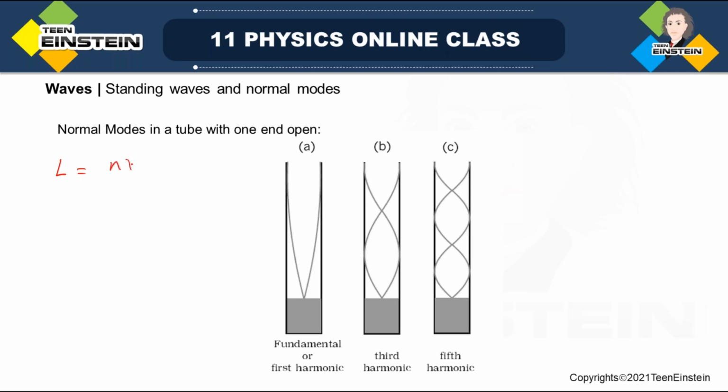L is equal to n lambda by 2. This is the condition for the nodes. But we should have taken the condition for the antinodes, because at this open end I'm taking x is equal to 0 over here, and x is equal to L over here. So we have to take the condition for antinodes. Okay, this is the clarification.